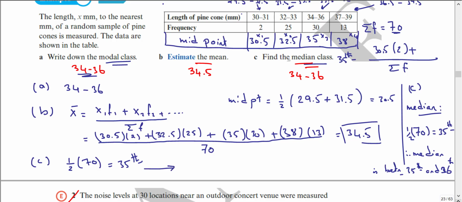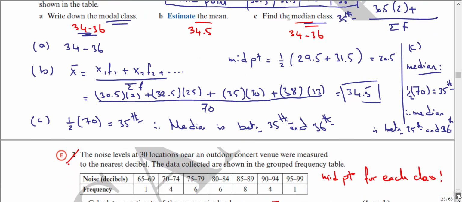So my median is between, therefore, the median is between the 35th and the one after it, 36th. What's between 35th and 36th? Let's check where 36 actually is in this group. Add the frequencies. 2 plus 25 is 27, plus 30.